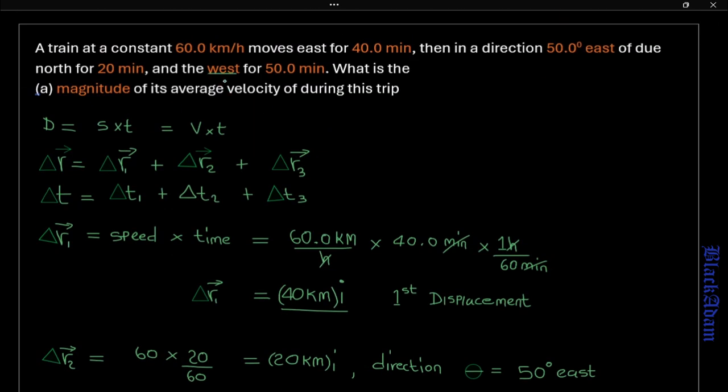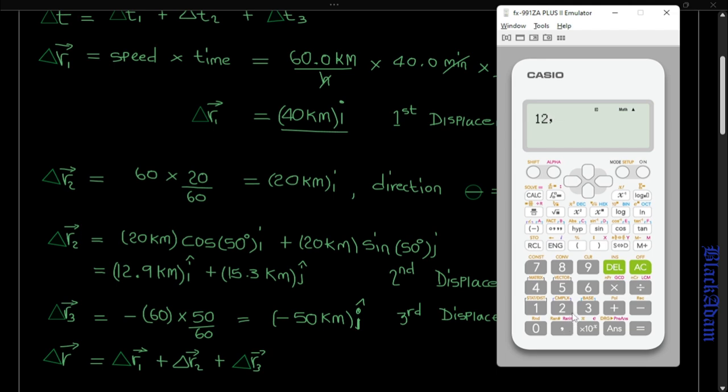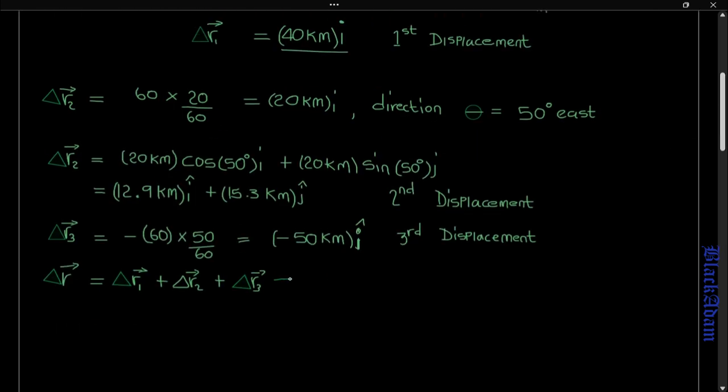So let us add all the i components. West is horizontal, so it's going to be negative i. 12.9 plus 40 is 52.9, minus 50, which means we have 2.9 kilometer i.